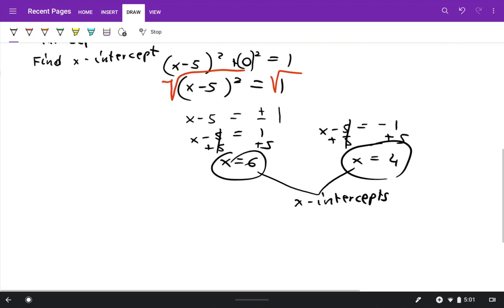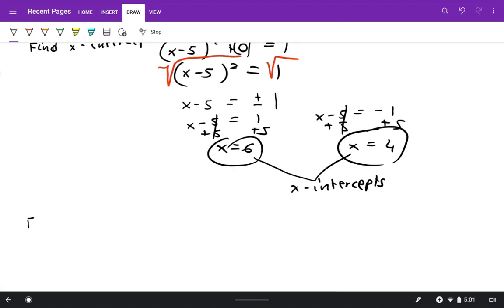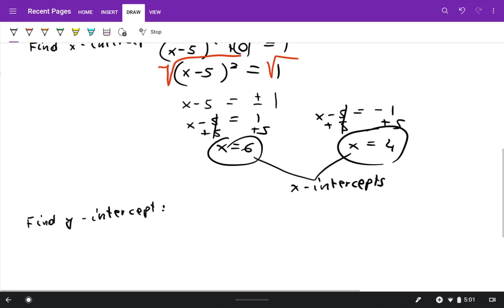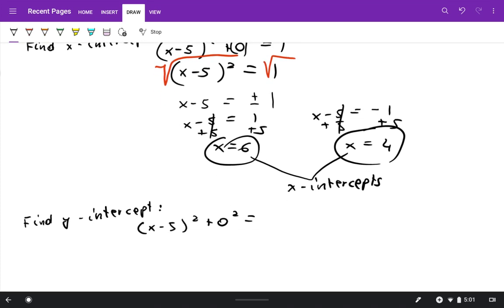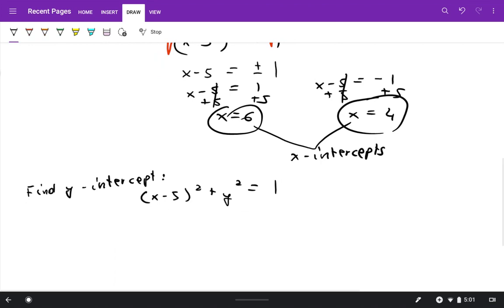And next, you have to find the y-intercept. To find the y-intercept, make x equal 0. The standard form was (x minus 5) squared plus y squared equals 1.